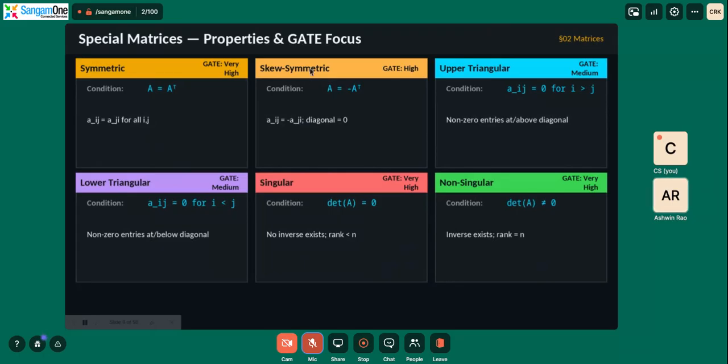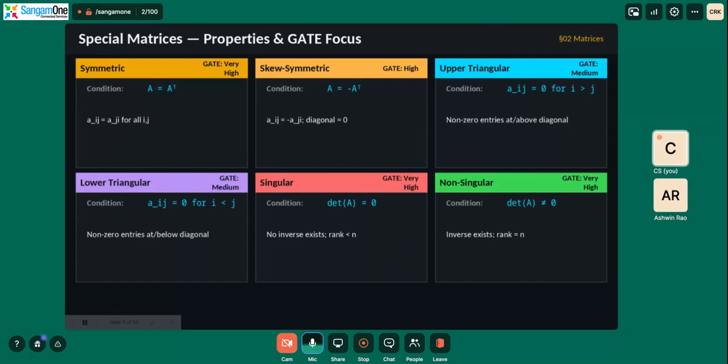Then the skew symmetric matrix, where A is equal to minus A transpose, and the condition is Aij equal to minus Aji. The diagonal is equal to 0. Then comes the upper triangular matrix, where Aij equal to 0 for i greater than j, where the row number is greater than the column number. Non-zero entries are at or above the diagonal.